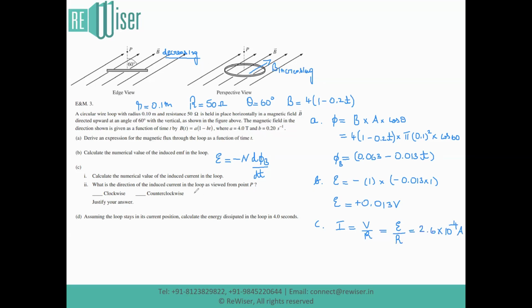This, in fact, is obtained from a law known as Lenz's law. So this tells us that the magnetic field has to be in this direction and it has to be increasing.